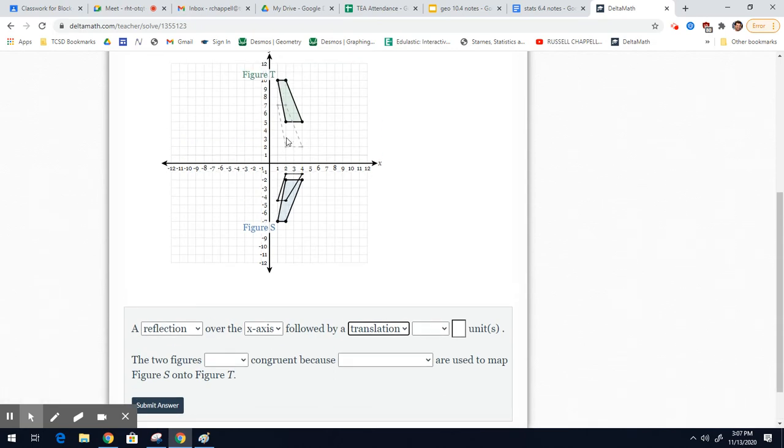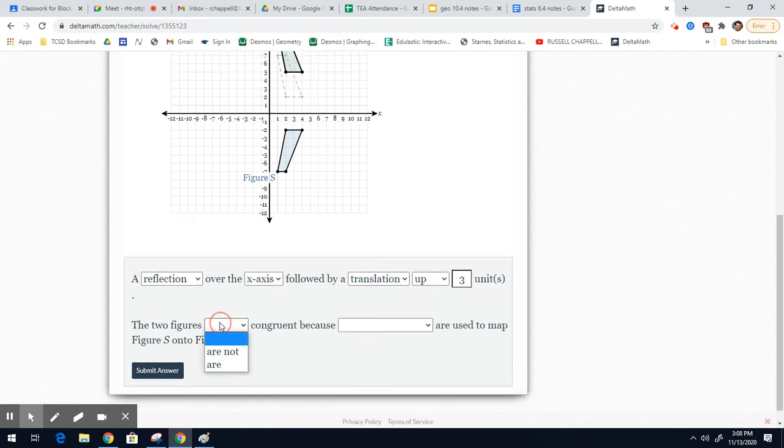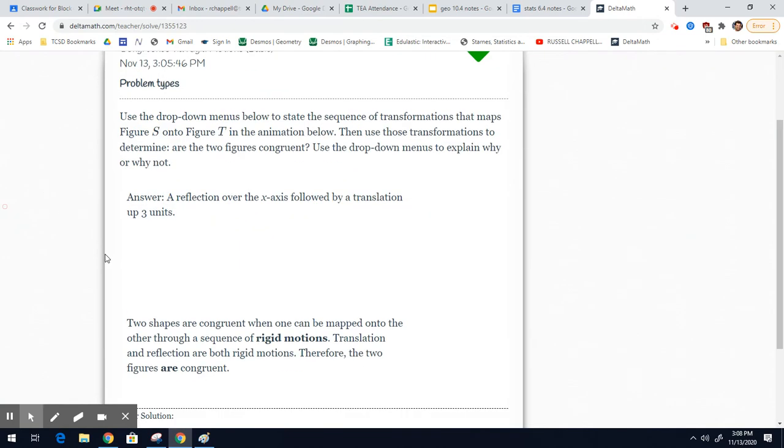How many? Up 1, 2, 3. And what that does is it creates two figures that are congruent because we used only rigid motions. Submit my answer. And there we go.